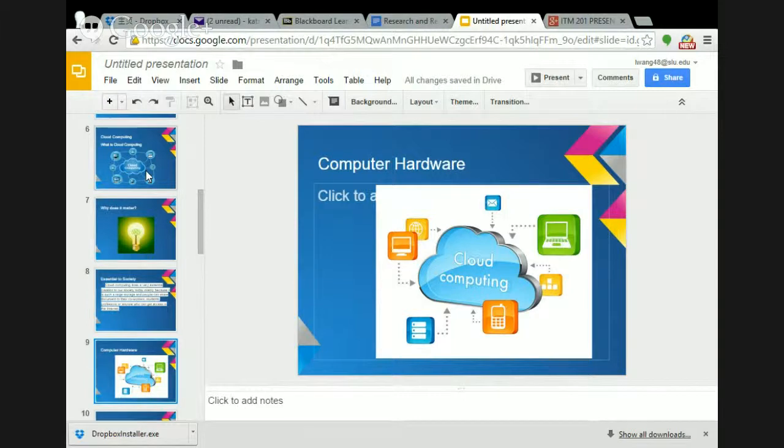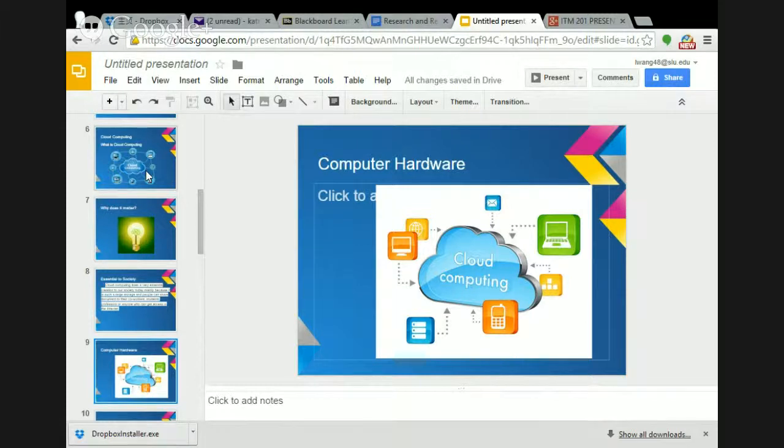And the next one is computer hardware. Computer hardware is an important part of the computer world. It refers to the physical components that make up a computer system.